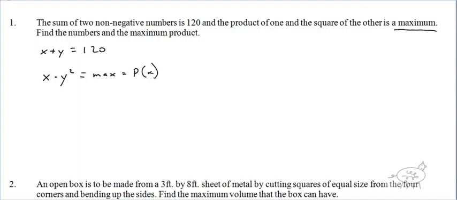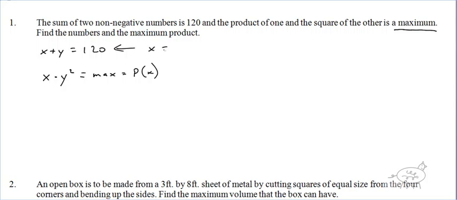Then we have two equations, and we can do a system of equations. I have to solve first for one of the variables. I could solve for y, but then I'd have to square that and FOIL it. It does work out, but let's be reasonable and solve for the simplest one, so I'm going to solve for x.